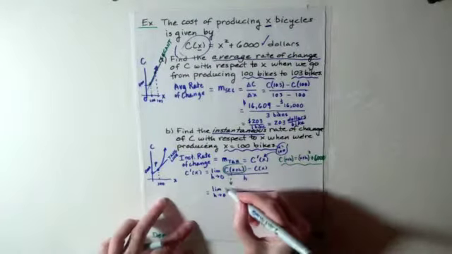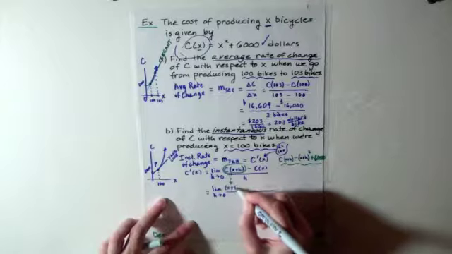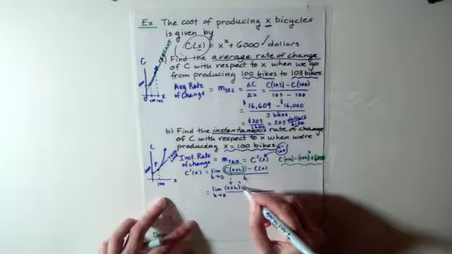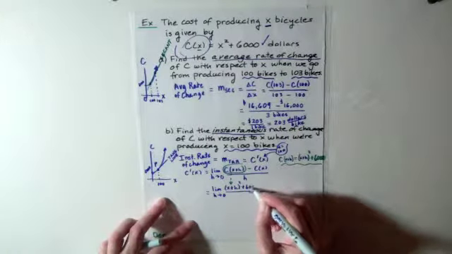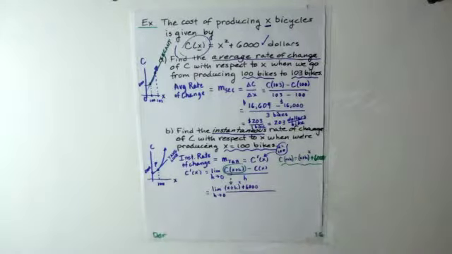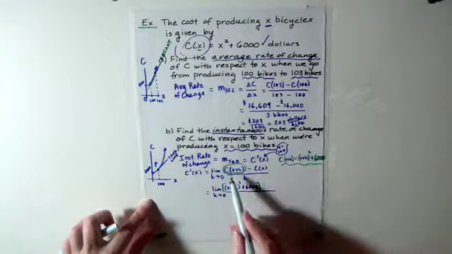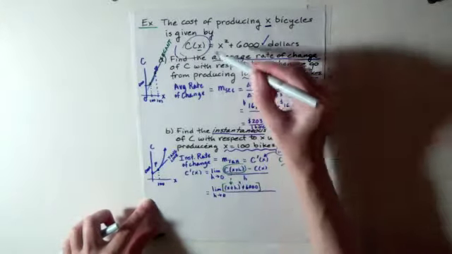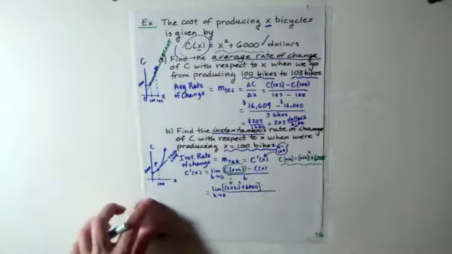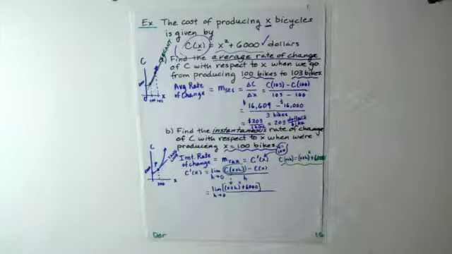It is x plus h, that quantity squared, plus 6,000. I'll put some little square brackets around this because this whole expression is c of x plus h for this particular function, c of x equals x squared plus 6,000.